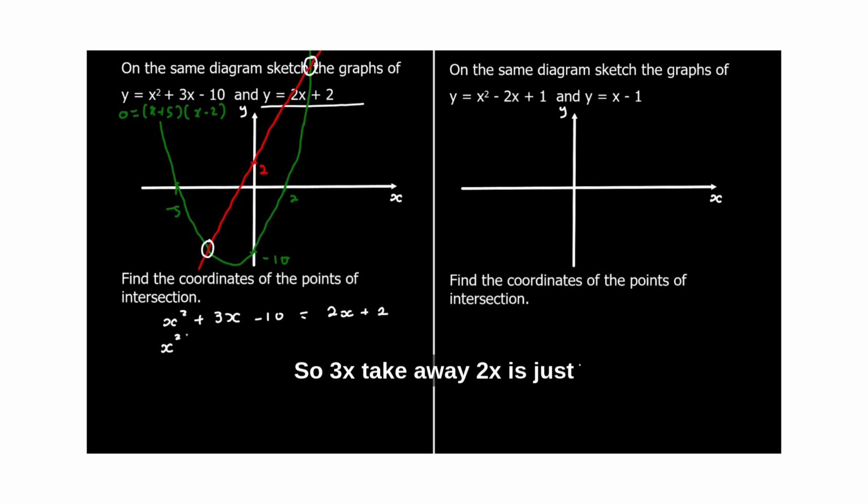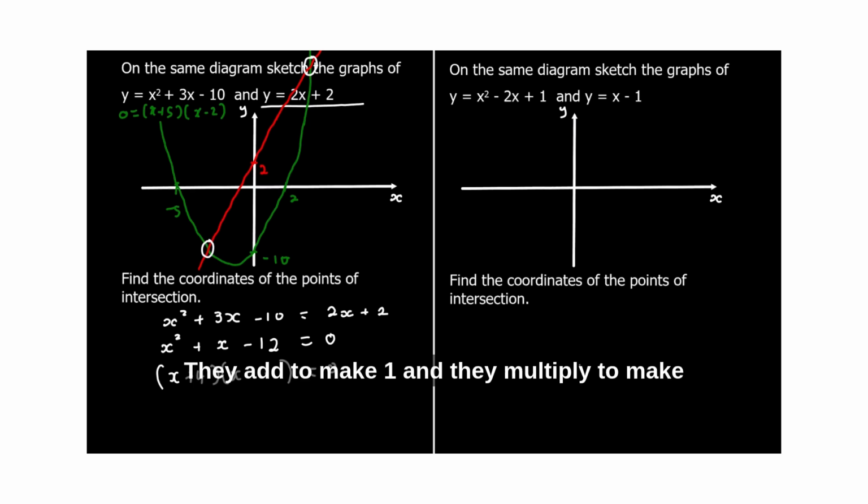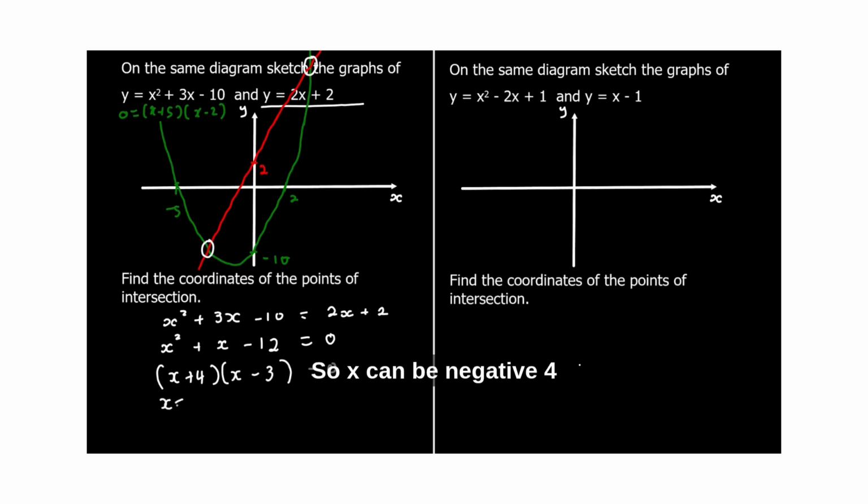So 3x take away 2x is just x. Negative 10 take away 2 is negative 12. And this factorizes. It's 3 times 4, so plus 4 and take away 3. They add to make 1 and they multiply to make negative 12. So x can be negative 4 or x can be 3.